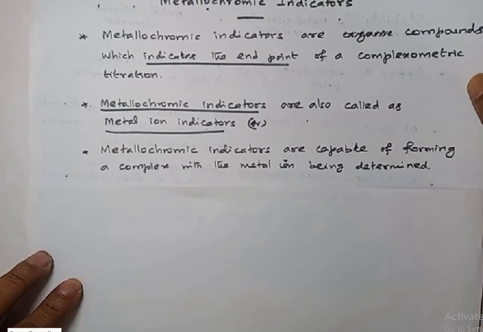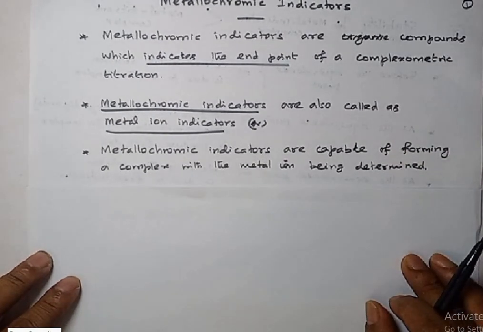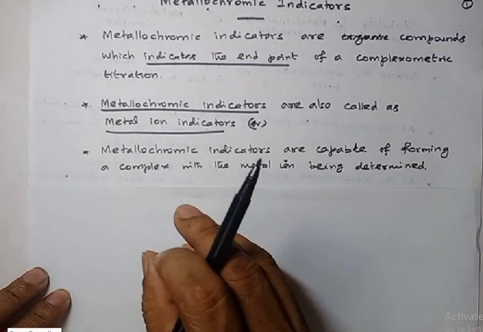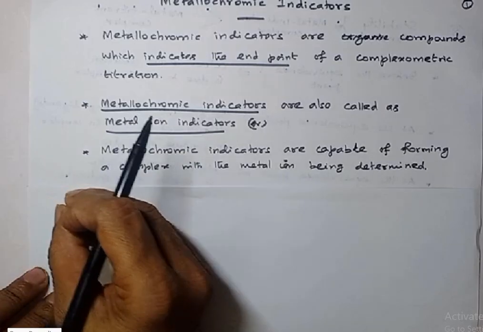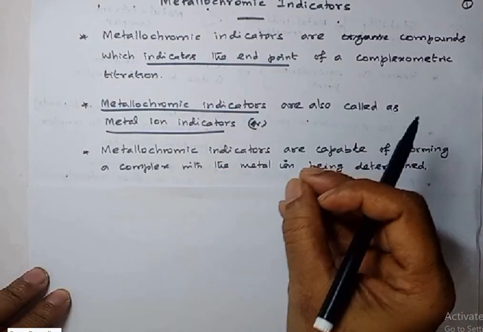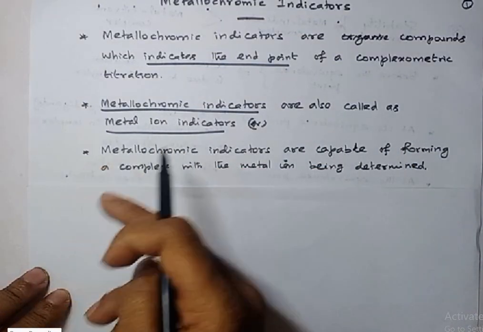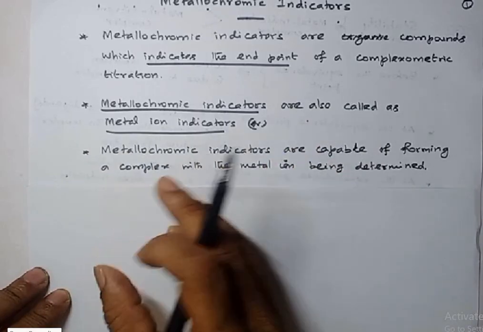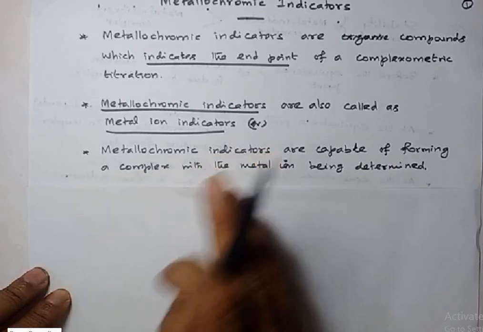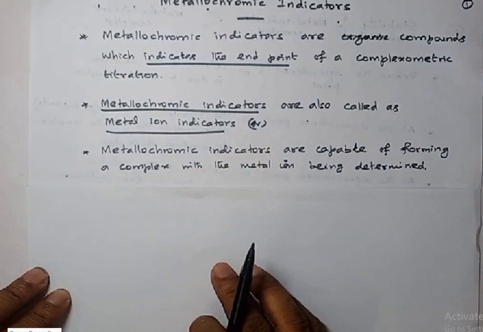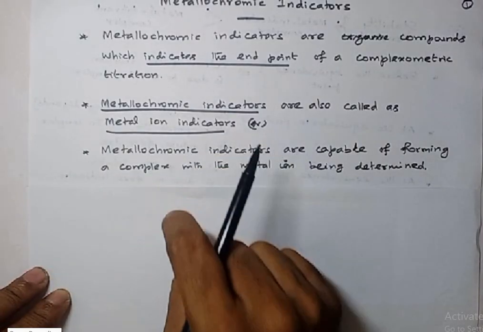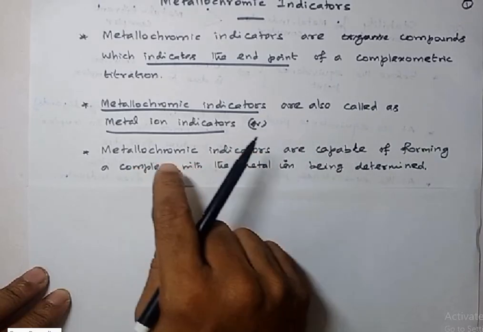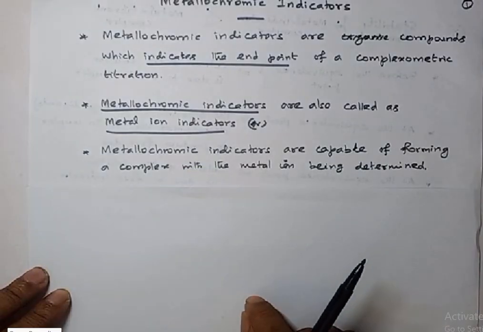What is meant by this? I have told you, we take metal ion as one reactant and ligand as another reactant. One is an analyte, the other one is a titrant. If you mix them, they will form metal ligand complex. But before adding titrant to the metal ion, we add metallochromic indicators.